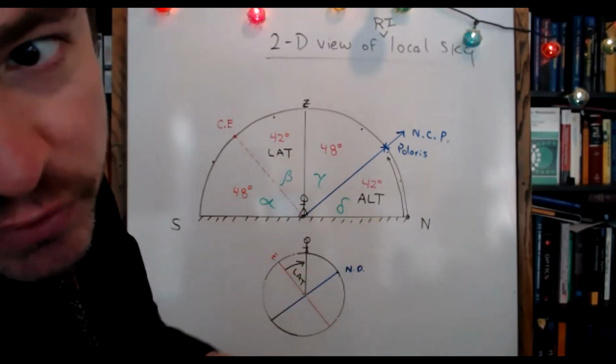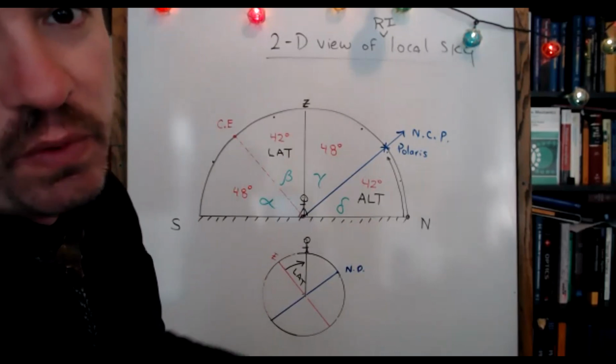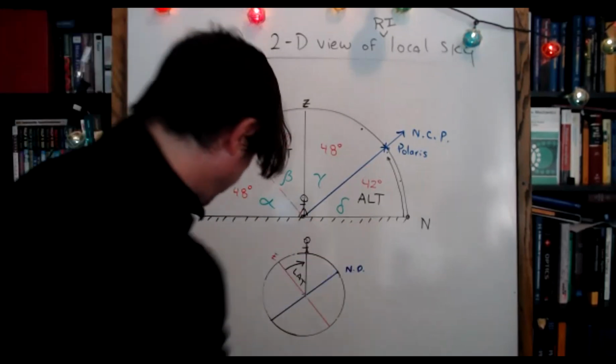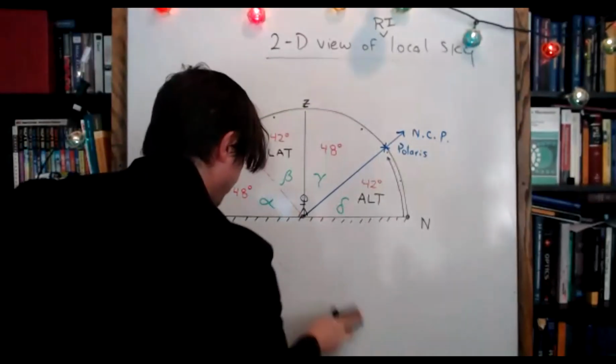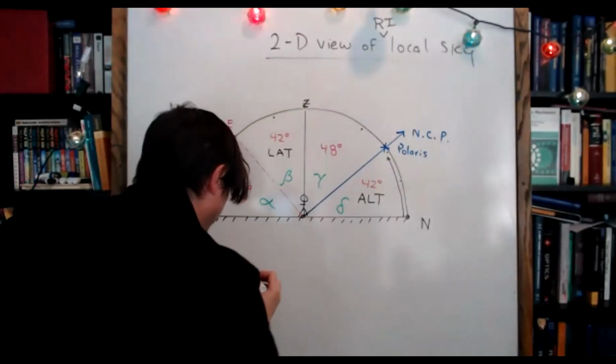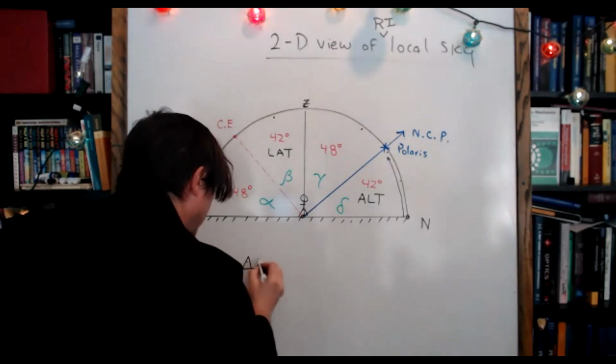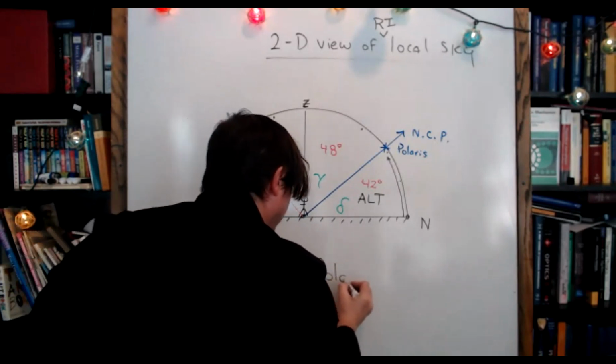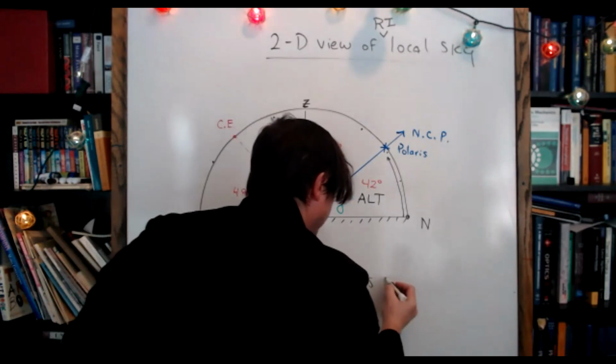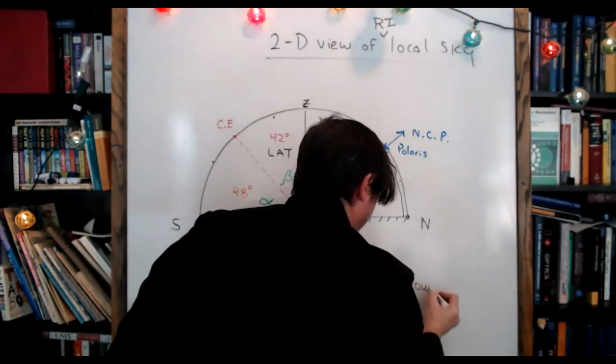Therefore, we have just proved a fundamental result, which is extremely important in astronomy. I'm going to write it down underneath here. The result that we've proven is that the altitude of Polaris is equal to your latitude.